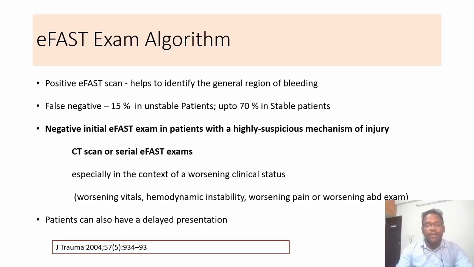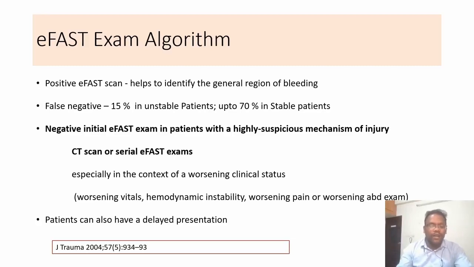A negative initial FAST exam in a patient with a highly suspicious mechanism of injury warrants further CT scan evaluation or serial FAST exam, especially in the setting of worsening clinical status. This can be either worsening vitals, hemodynamic instability, worsening pain, or increasing abdominal distension. Some patients may also have delayed presentation.